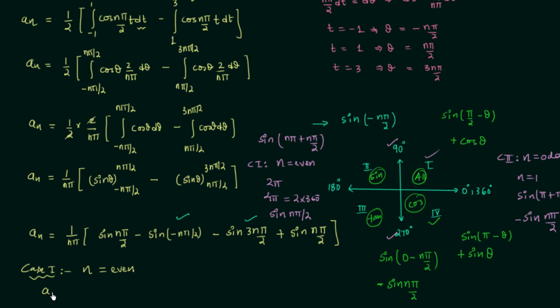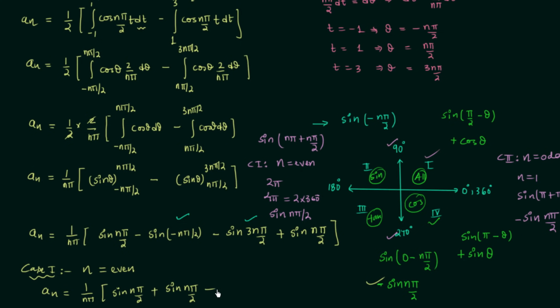So we have an equal to 1 over n pi inside the bracket sine n pi by 2. In place of sine minus n pi by 2, we have minus sine n pi by 2. This negative sign was already there, so we have plus sine n pi by 2. In place of sine 3n pi by 2, we can write sine n pi by 2.